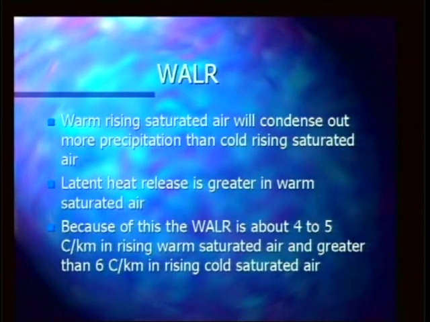So this is why warm season convective type precipitation will have much more moisture that falls out of the clouds than when the clouds are cold, such as a wintertime rain event. The wet adiabatic lapse rate is about 4 to 5 degrees Celsius per kilometer in rising warm saturated air and greater than 6 degrees Celsius per kilometer in rising cold saturated air.